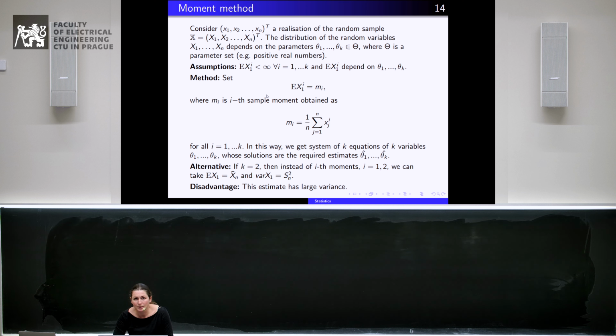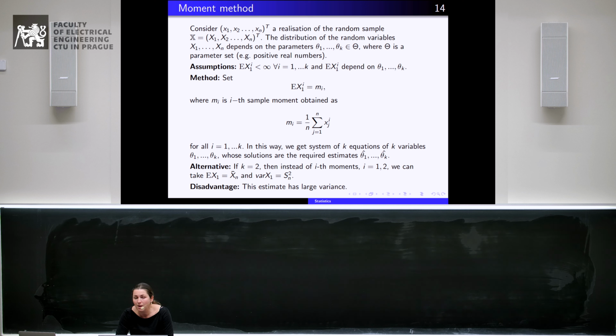We suppose that the distribution from which the random sample comes depends on some k parameters. It can depend on only one parameter, for example, the parameter lambda in the Poisson or exponential distribution.